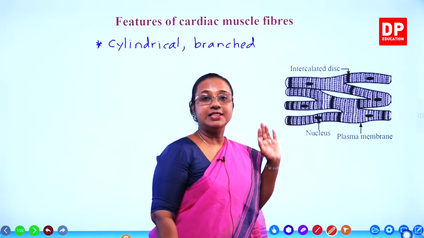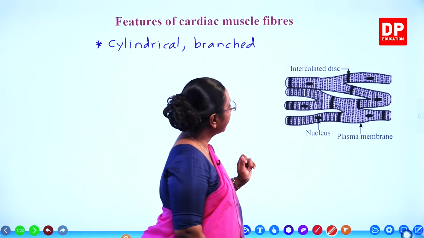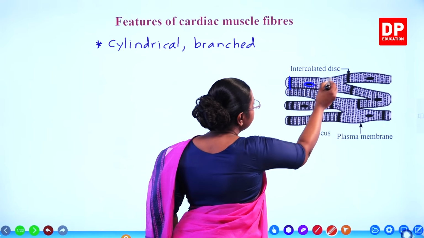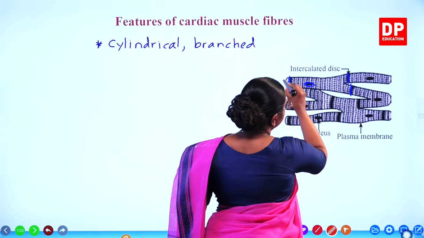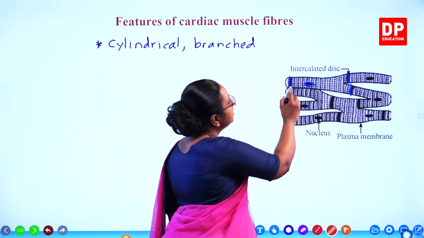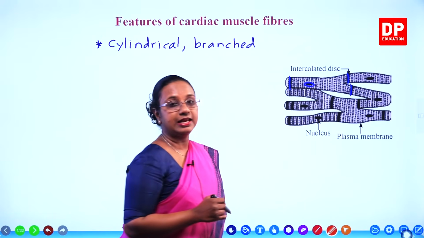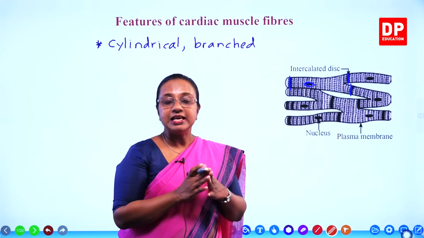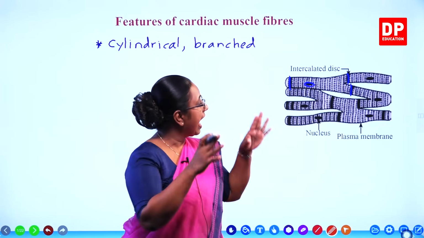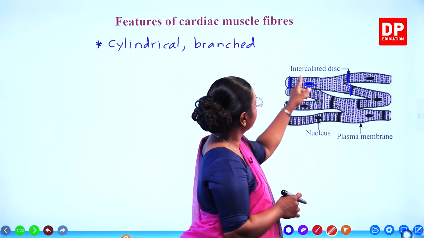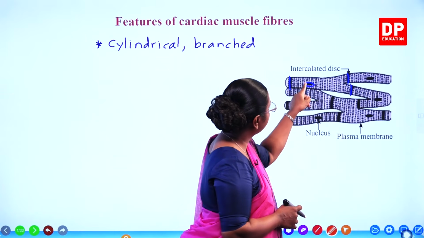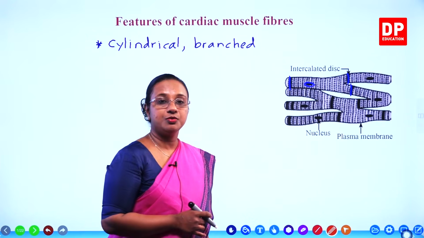And if you look at these fibers, you can see there is only one nucleus within these markings. If we take a full fiber, there are those markings. These are called the intercalated disc. So intercalated discs are present between cardiac muscle cells and that marks one cell of cardiac muscle. And in each cell you can see there is only one nucleus.